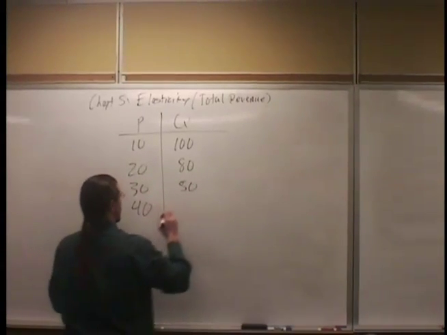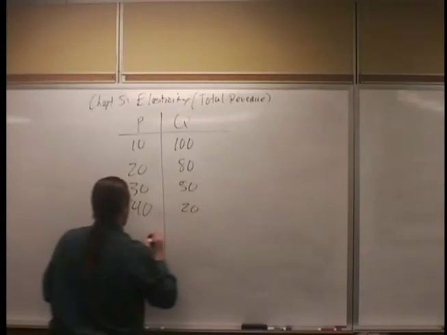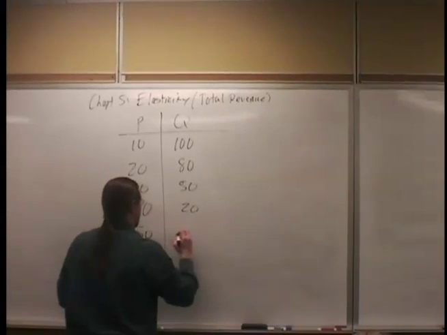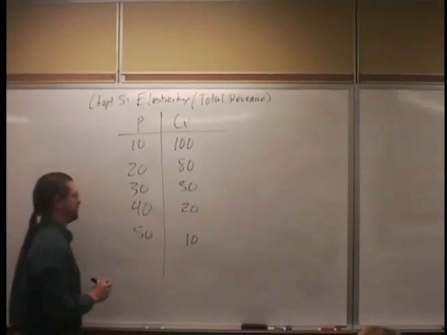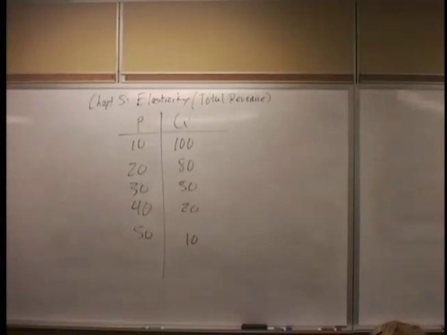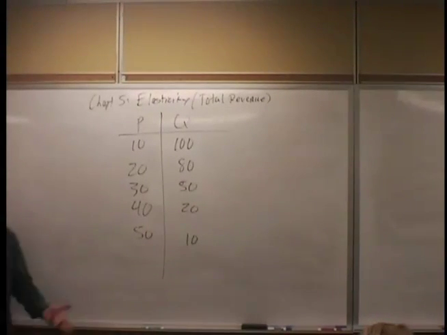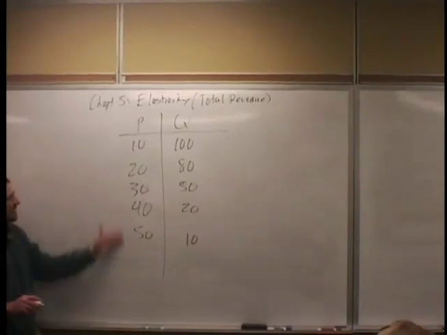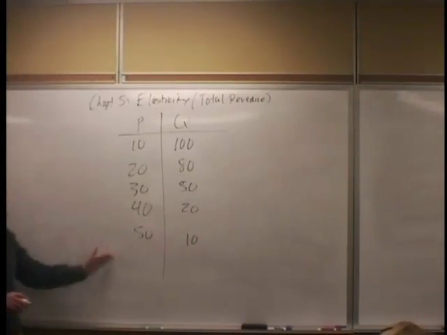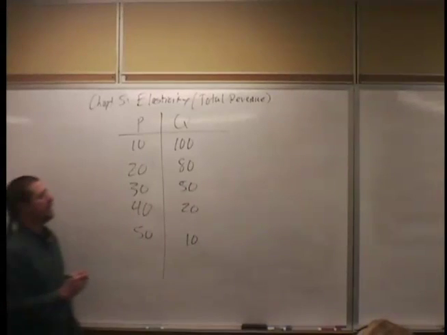At 40, we are going to buy 20. And if we raise the price to 50, we're only going to buy 10. Okay, so what I want you to be able to do is to tell me what is the elasticity between these price points. All right?